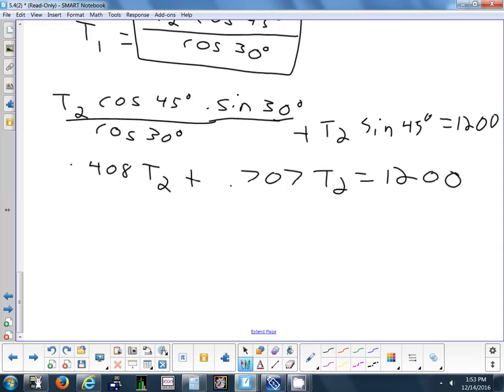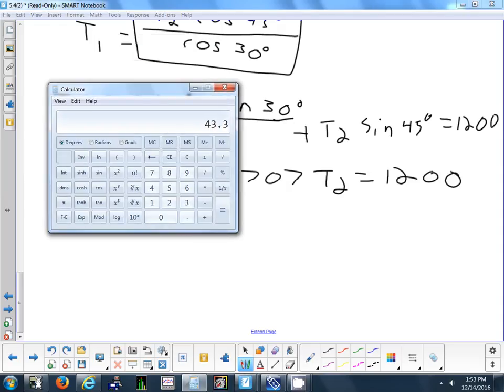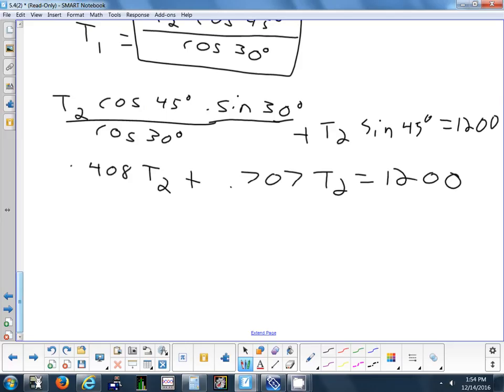Take 0.408, 0.707, and hit plus, and it adds them up. 1.115. And now it would be our last step, and we'd have the tension in cable 2.